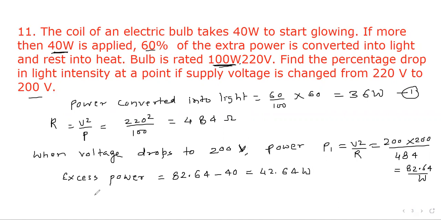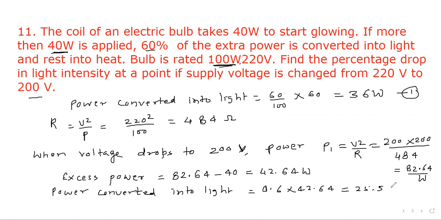So the power converted into light is 60%, 0.6 into 42.64, equal to 25.587 watt.